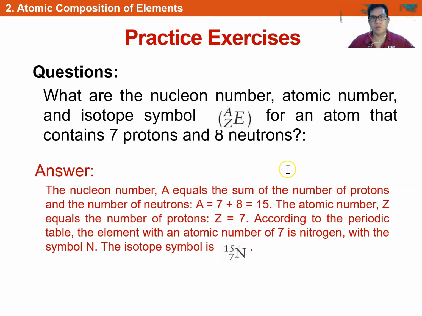The element is nitrogen. 7 is nitrogen. The atomic number is 7 at the bottom, and up there the nucleon number is the addition of 7 and 8, so it is 15. So 15, 7, and the nitrogen symbol here.